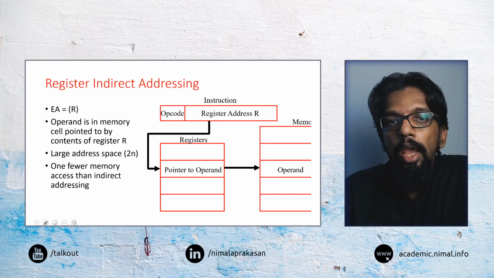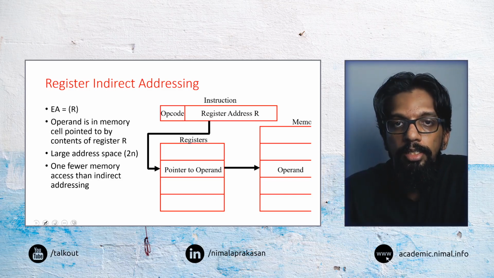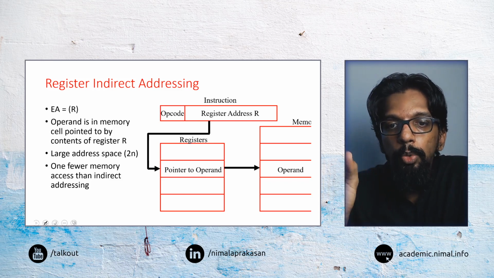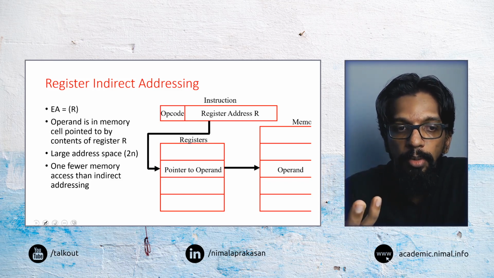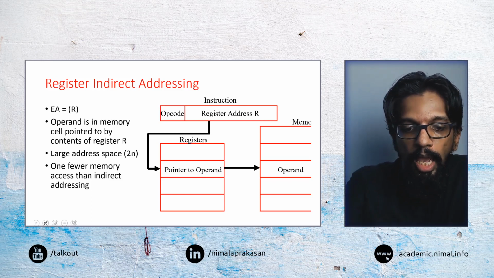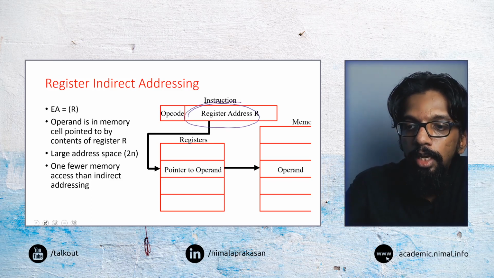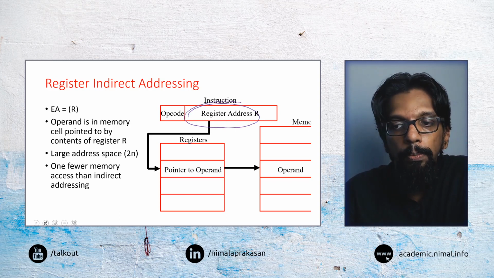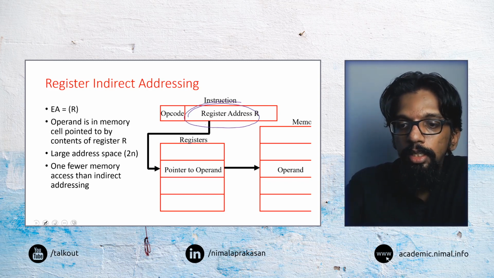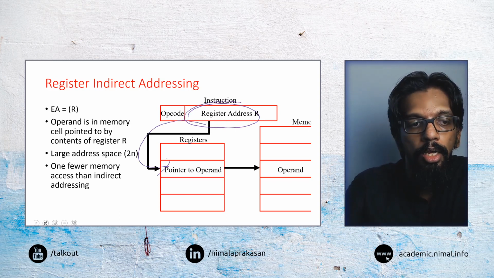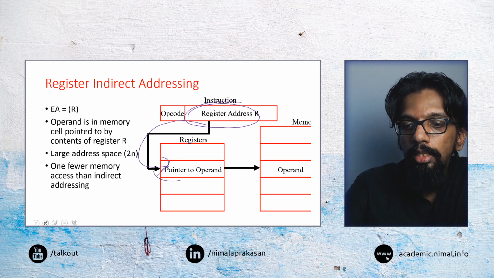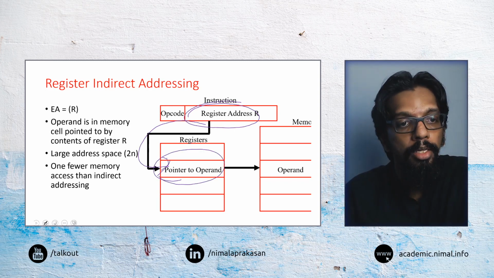Then we can have register indirect addressing. This is a combination of register addressing and indirect memory addressing. In the instruction, it is pointing to a place in the register. So we go there, and there the register is pointing to somewhere in the memory.